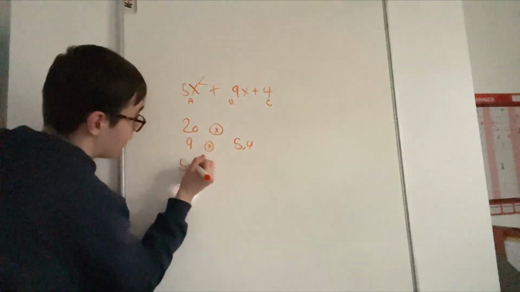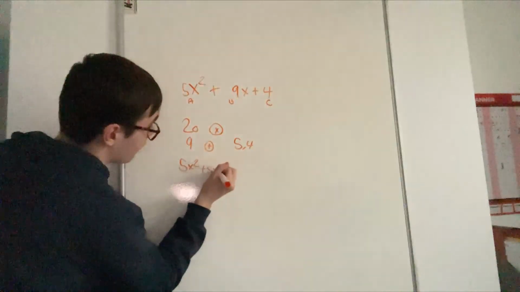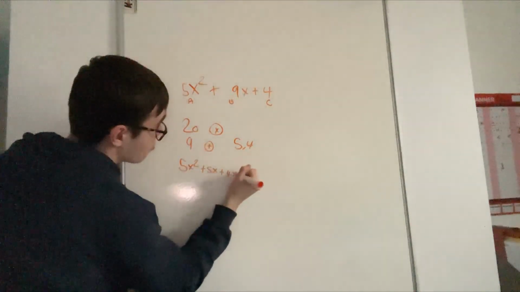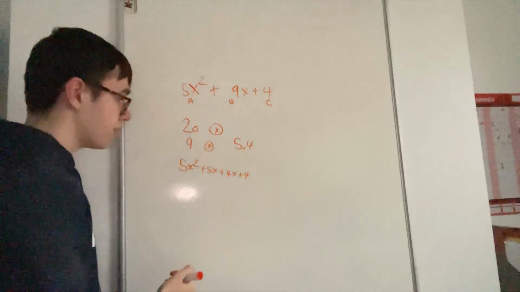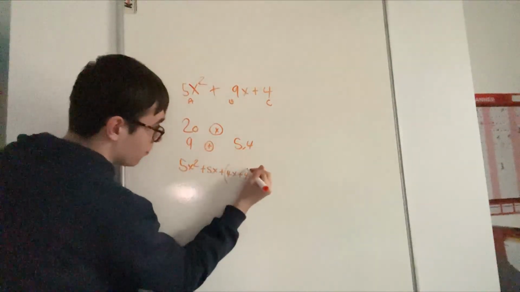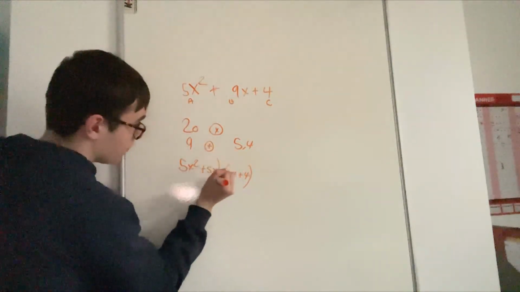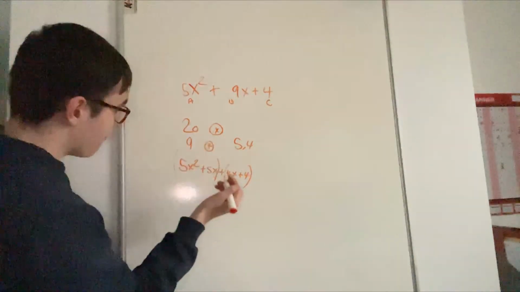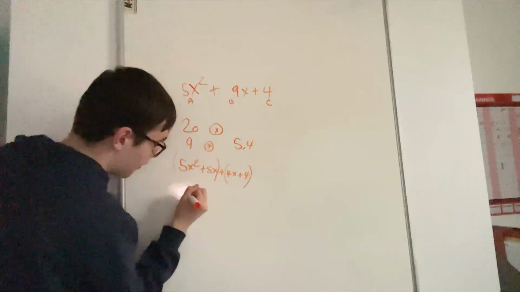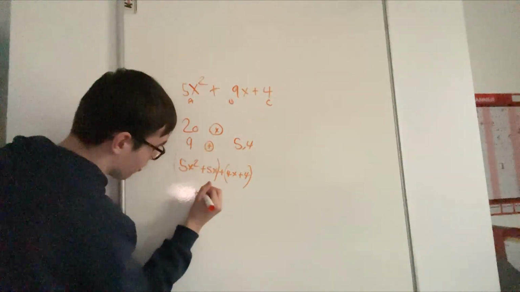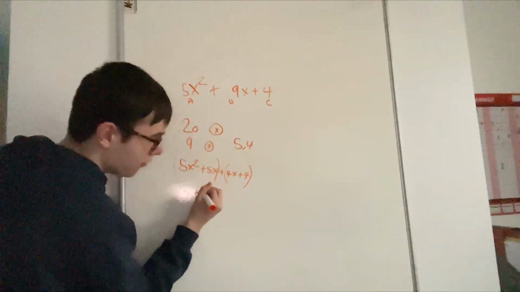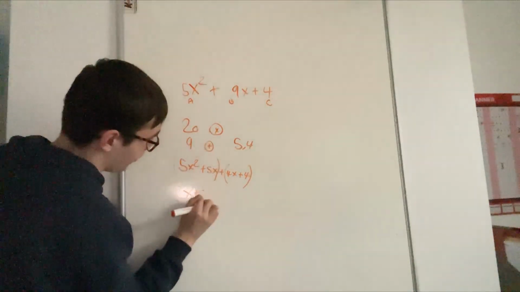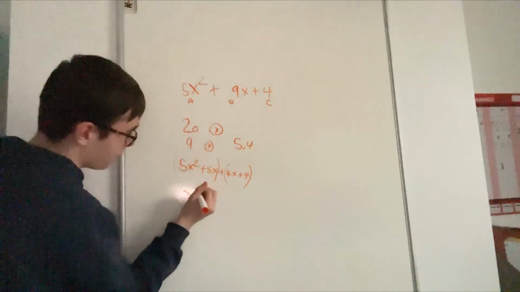Alright, so now we have 5x squared plus 5x plus 4x plus 4. Now we can do some good old double brackets and find the common factors. 5x squared plus 5x, that would obviously be x plus nothing. Right? No, x plus nothing.